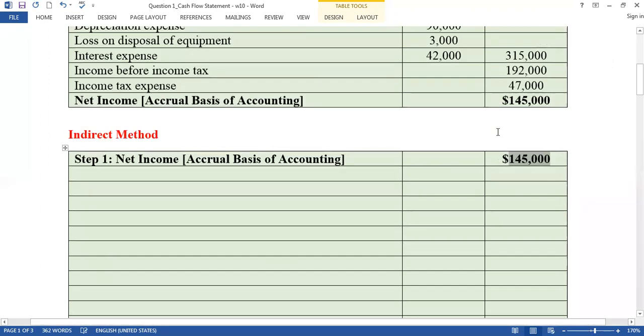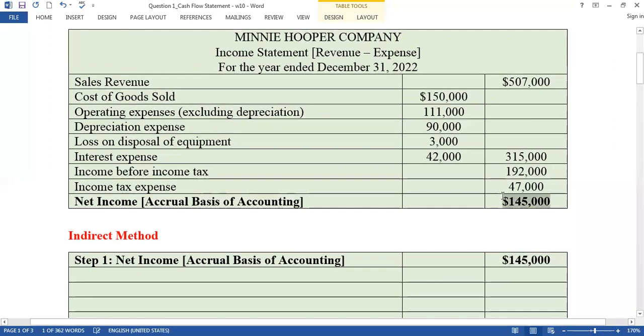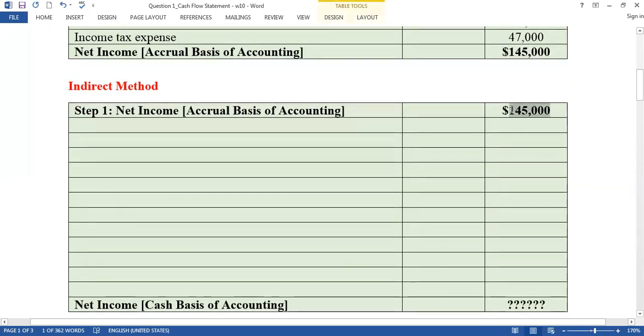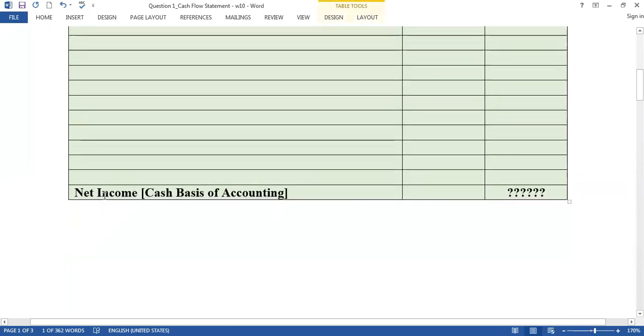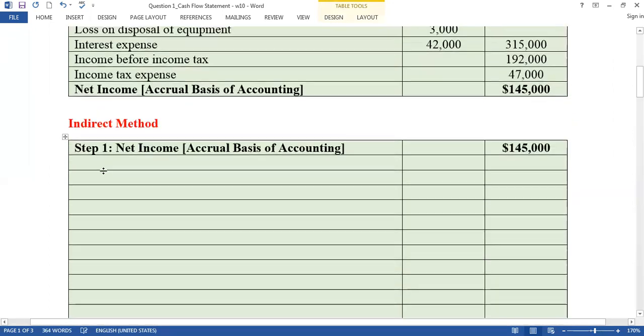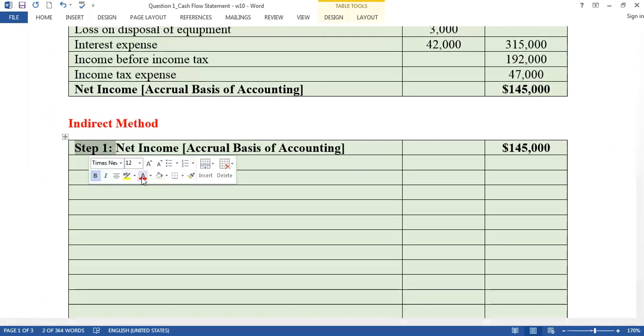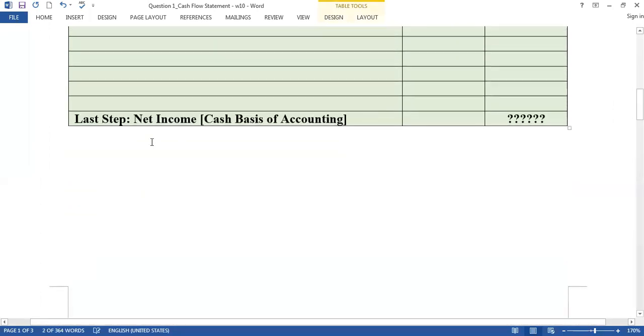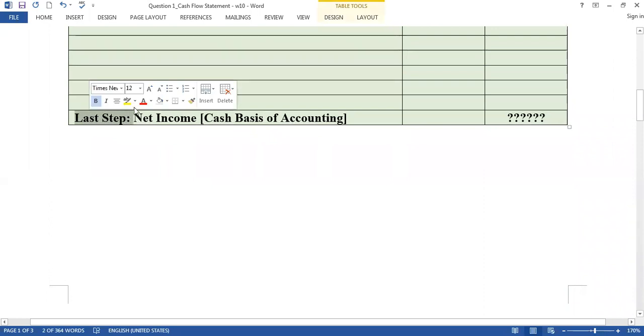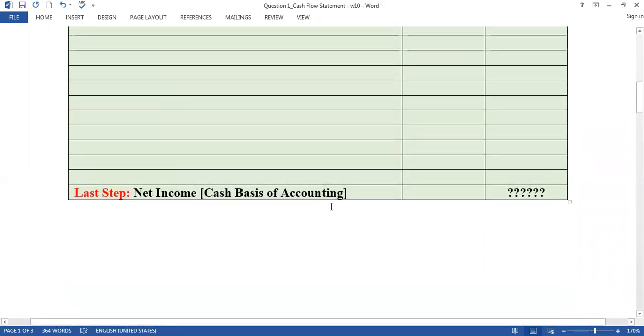The question already gives you this information. Look at here. This is your question. The question already gives you net income based on accrual basis, right? And this is the last step. So step 1, start with net income accrual basis, and in the last step we should calculate net income based on cash basis.